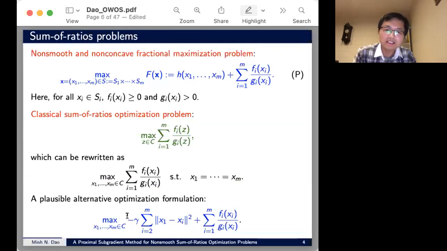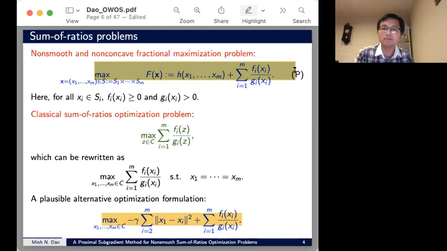This problem is also a special case of our considered problem, which we will call problem P.